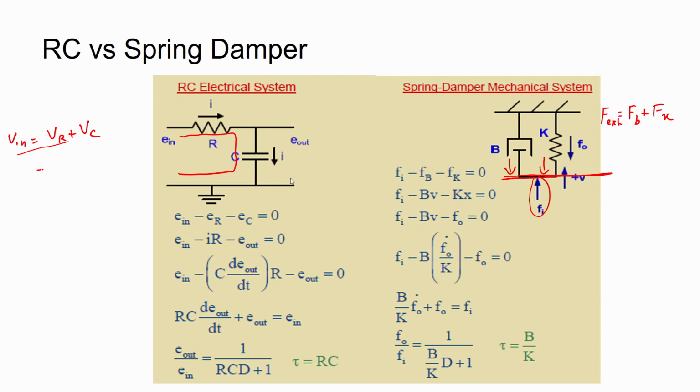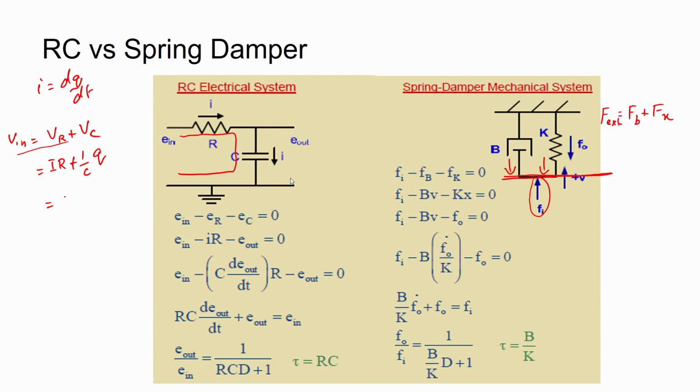Okay, now this one, our VR is equal to IR, and VC is what? One over C Q. Is that good? Okay. I, on the other hand, the current is I is equal to dq by dt.